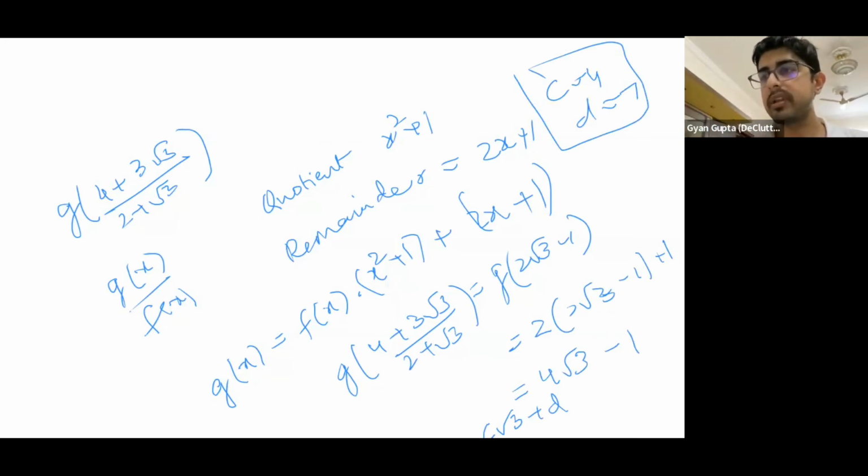I'm just going to summarize what concepts we have used in this. We have first used the concept that since sum of roots and product of the roots are rational numbers, and one of the roots of a quadratic equation is irrational, the other root has to be the conjugate or the rationalizing factor of the root. The second theorem that we have used, which we have learned in our 9th grade, is if a polynomial f of x is divided by x minus alpha, the remainder is f of alpha.